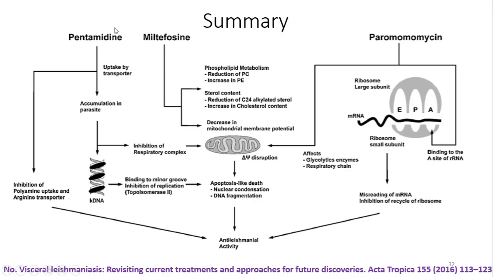On the other hand, the same pentamidine can inhibit the components of the respiratory complex that might result in disturbances in mitochondrial membrane potential. Due to disruption of mitochondrial membrane potential, it might lead to apoptosis-like cell death, which might include nuclear condensation, DNA fragmentation, and eventually the parasite would die.